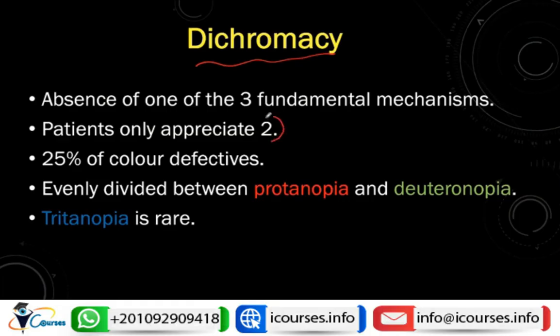So the patient can see by only two types of cones, and this accounts for about 25% of color defective individuals. This 25% is evenly distributed between protanopia and deuteranopia. So loss of the red color and loss of the green color are very common, while loss of the blue is very rare.